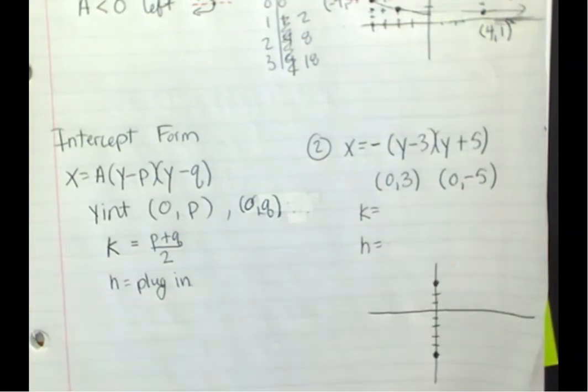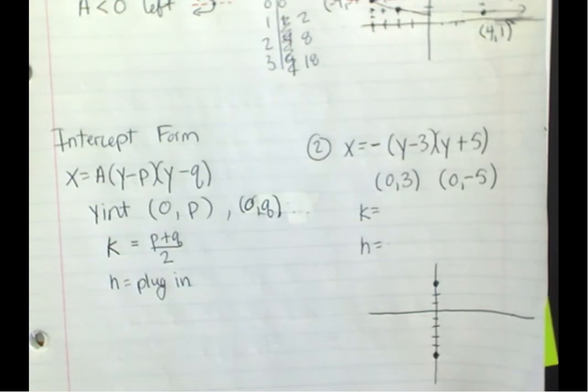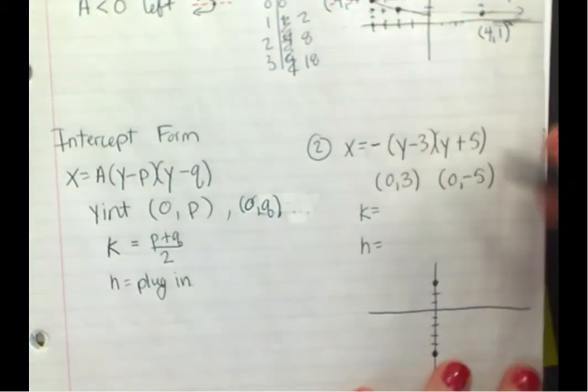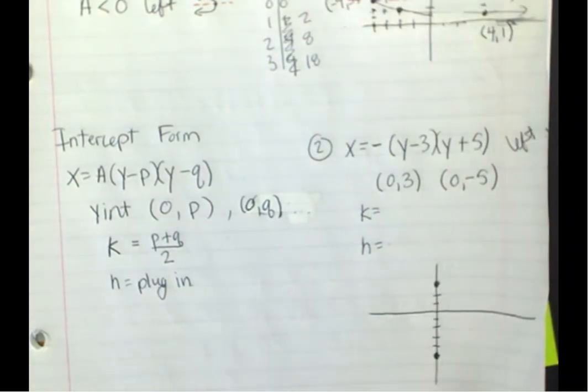Okay, how do I write? Up 3, down 5. It's still opposite. Now once I do this, I'm like, okay, what's my opening? Left. My opening is left because of the negative.